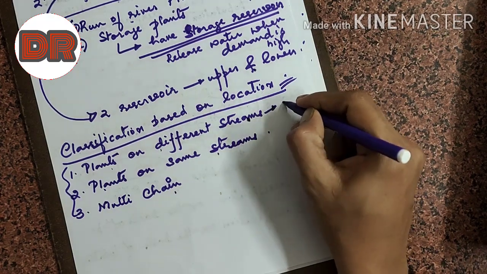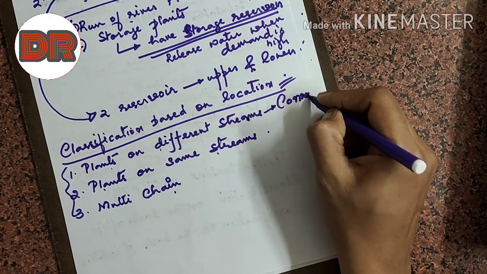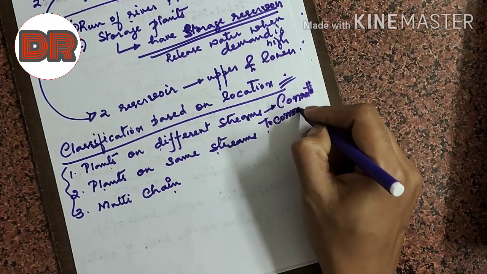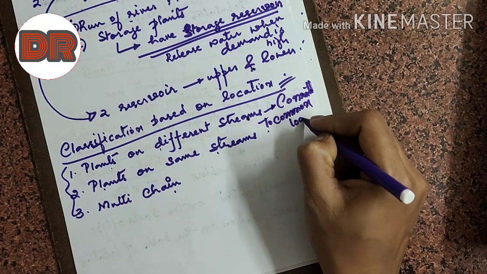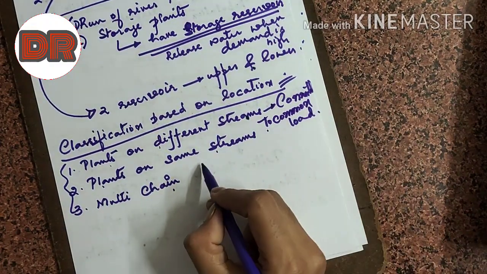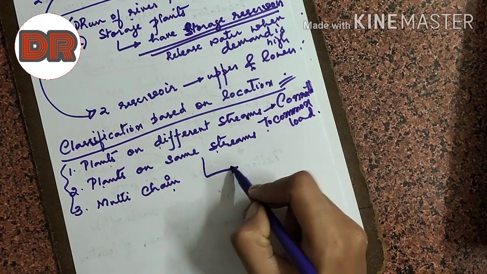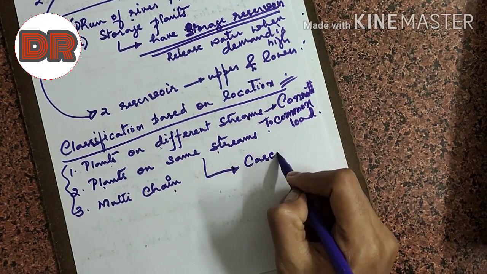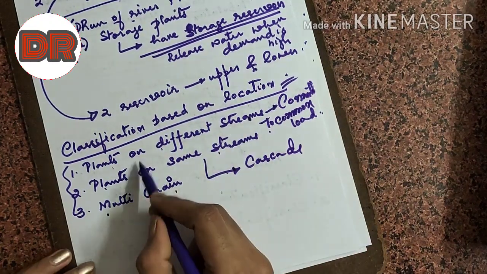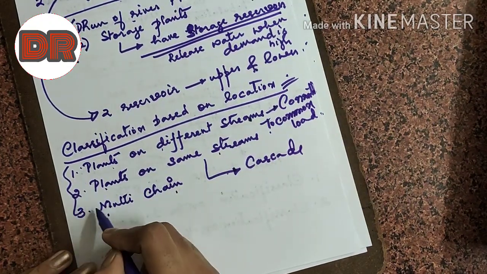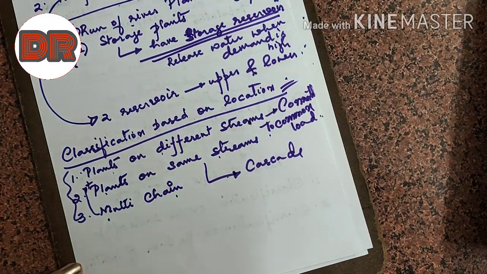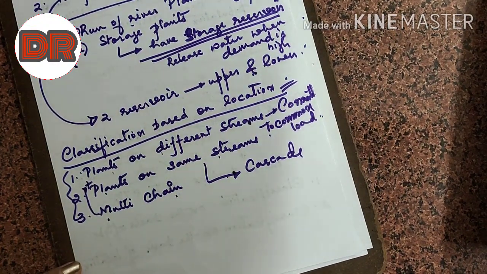Plants on the same stream are connected in cascade, and multi-chain is a combination of the above two. So this is based on location.